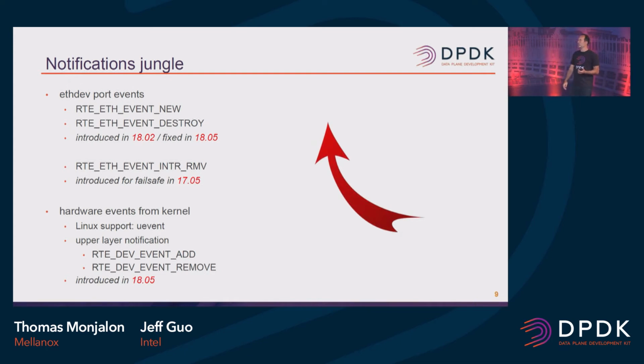This event was introduced when doing failsafe, because with failsafe, when one device is removed, you can fail over to another one. And you have also the hardware events that you get from the kernel with uevent. And when you get such a hardware event, probably you want to notify the application that something happened. So there is an event add and event remove.